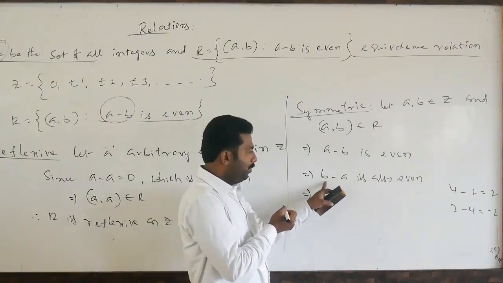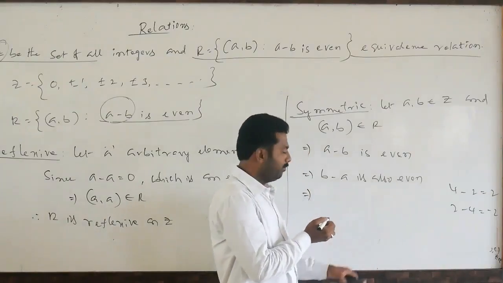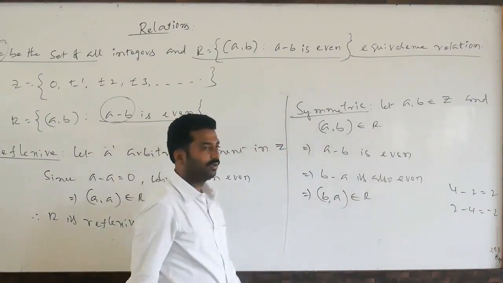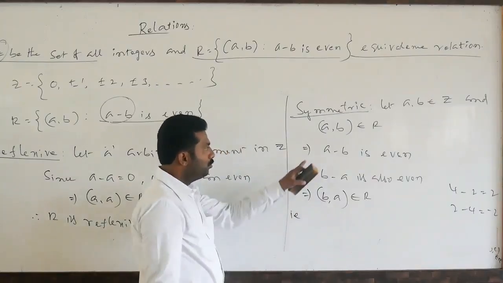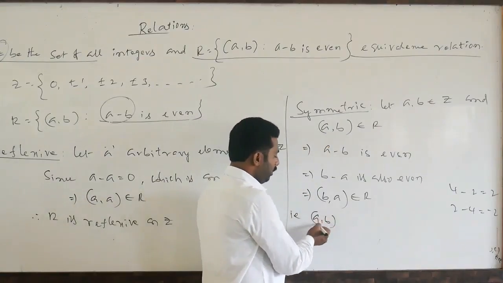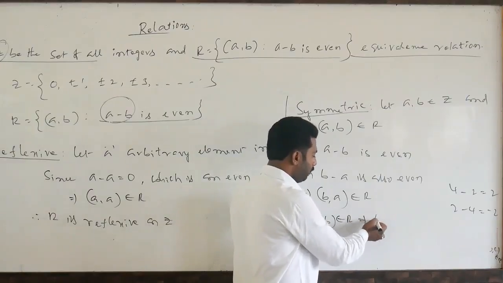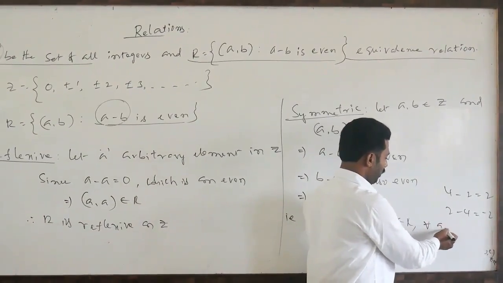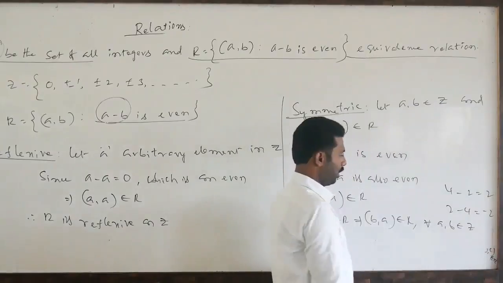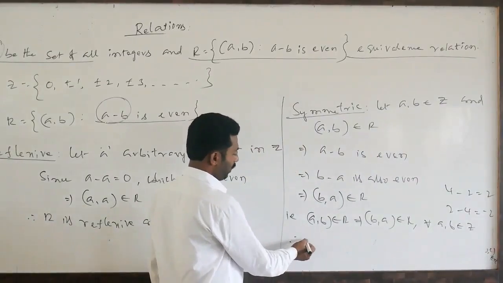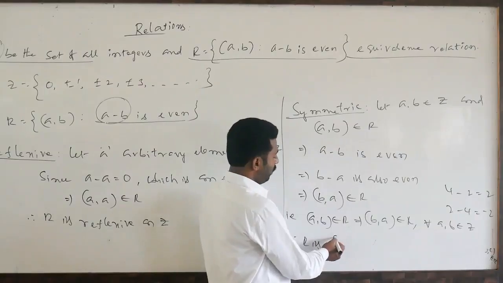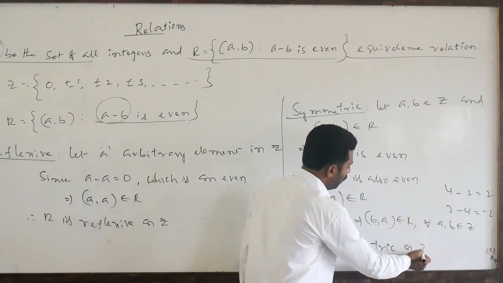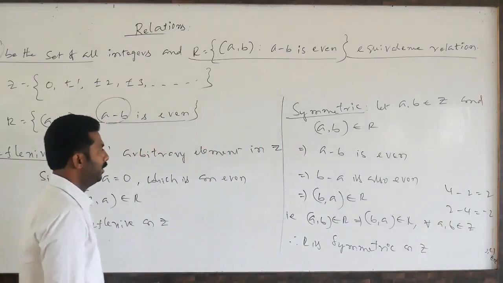B minus A being even means (B, A) also belongs to capital R. What we assumed here is (A, B) belongs to capital R, and what we proved is (B, A) also belongs to capital R. This is true for every A, B in the non-empty set. Therefore, capital R is a symmetric relation on the non-empty set Z.